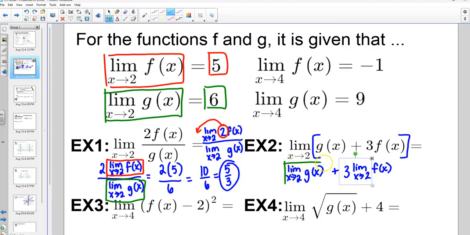So this is just going to be 6, and over here this is just 5. So I got 3 times 5, and so 6 plus 15 is going to give me 21.